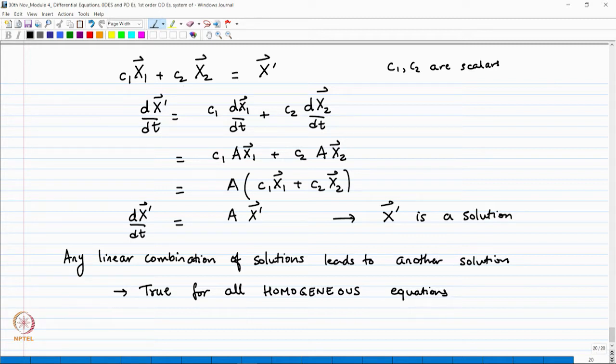By all, you mean not only first order, not only constant coefficients. If you have any homogeneous equation, you can take linear combinations of solutions and get new solutions.